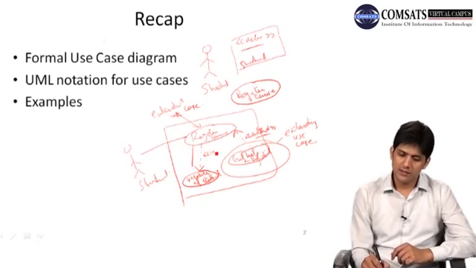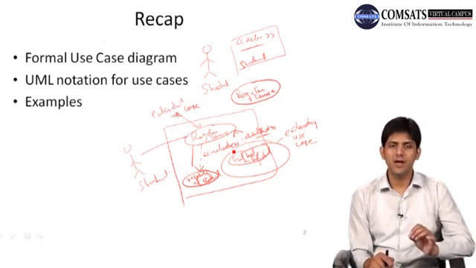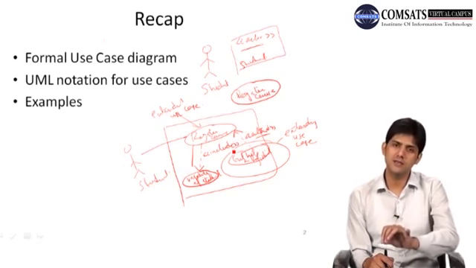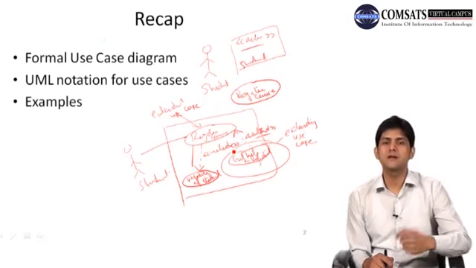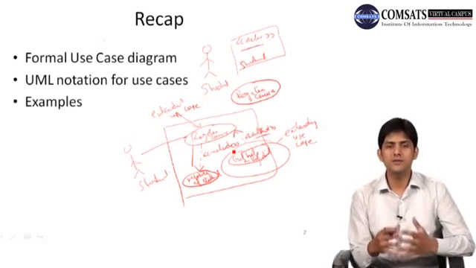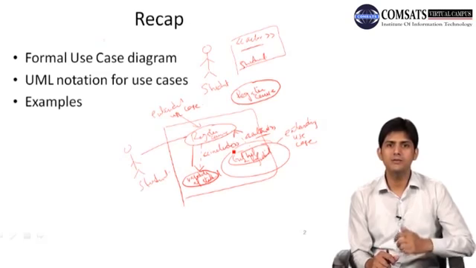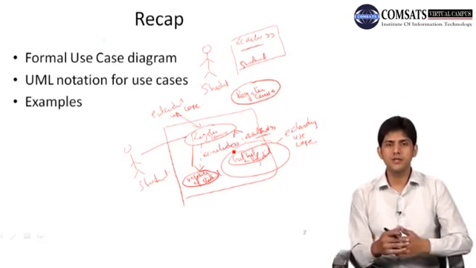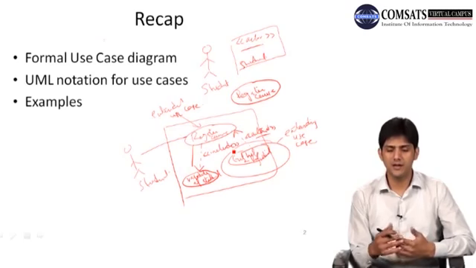So here we mean that the register use case would not be complete unless the validity of the student is checked for a particular course he is trying to register. For example, a freshman or a student in the first semester would not be allowed to, let's say, register for the final year project, which obviously is offered in the final year of their degree.